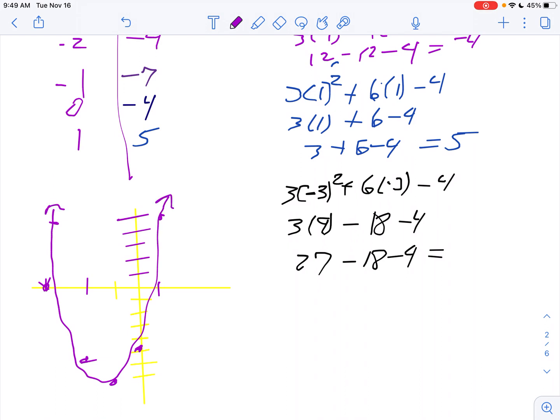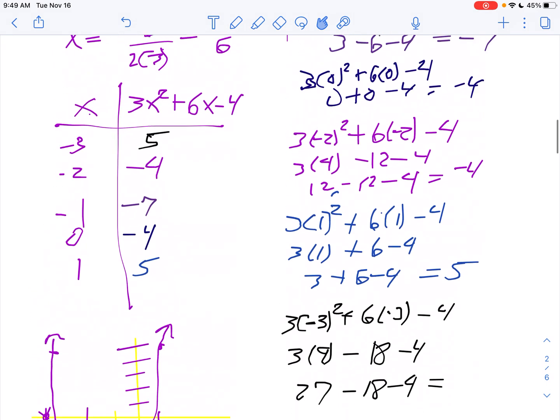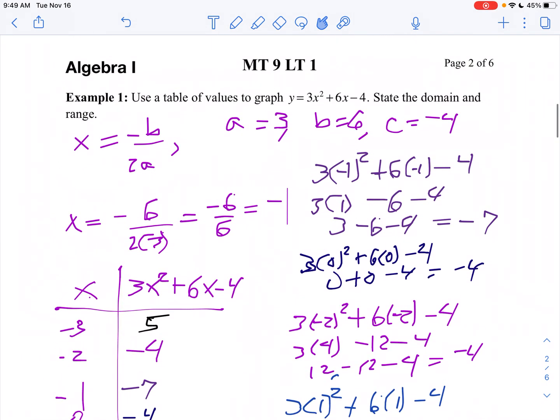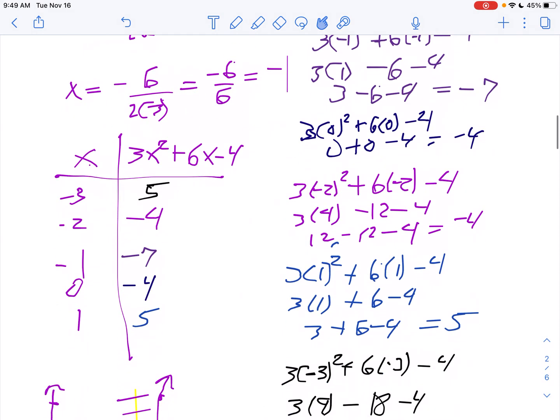Now here's what I want you to notice. I made the table. And here's what's going on. When I have this 3 in front of my square term, that means we're going to be adding 3 each time, but it's not linear. So what's going on here? Well, if I go 1 to the right, I'm going to be adding 3. Notice -7 plus 3 is -4.